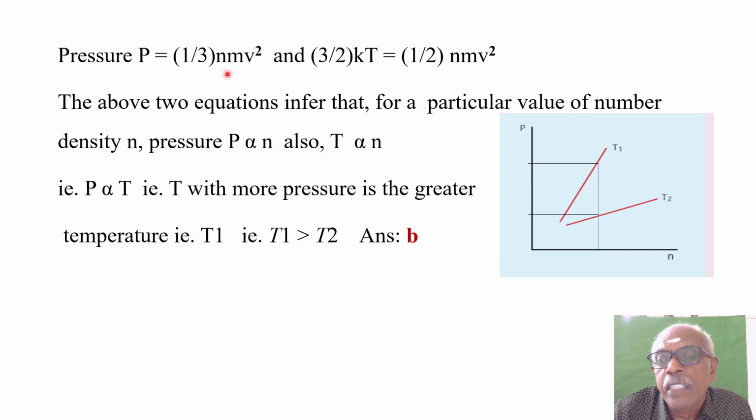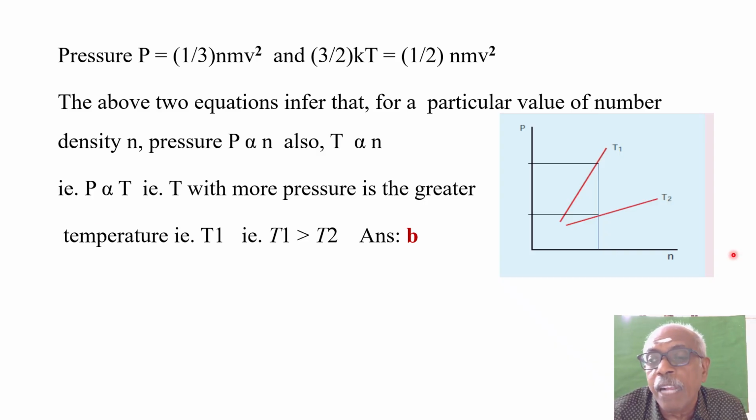Is it not? n is the number density, P is the pressure. According to the second equation, T is directly proportional to mv². So from the above two equations, we conclude that P is directly proportional to T. Is it not? It means pressure is directly proportional to the temperature.